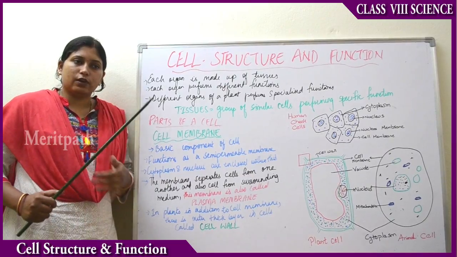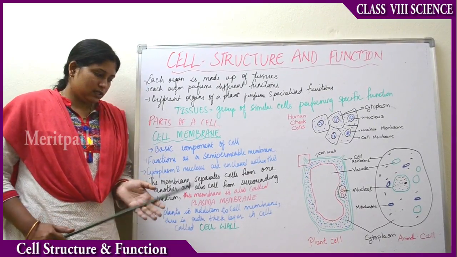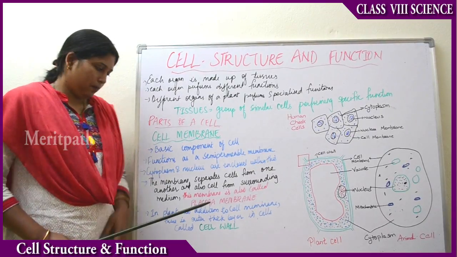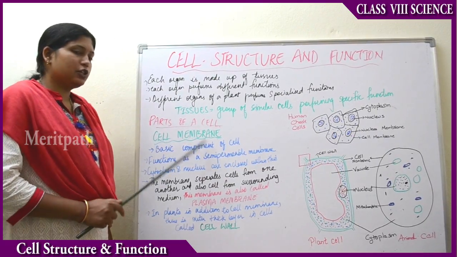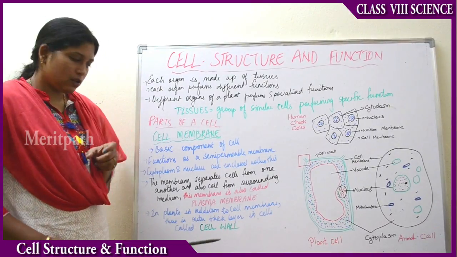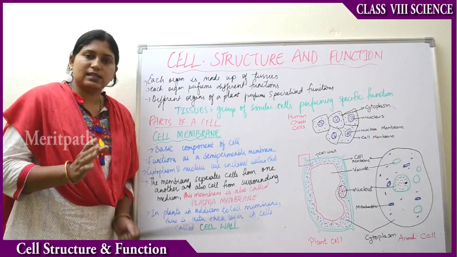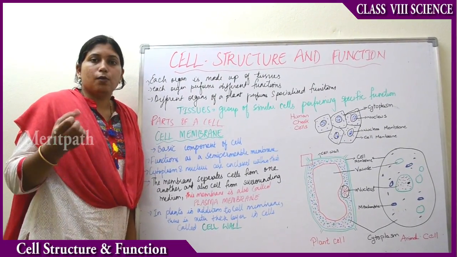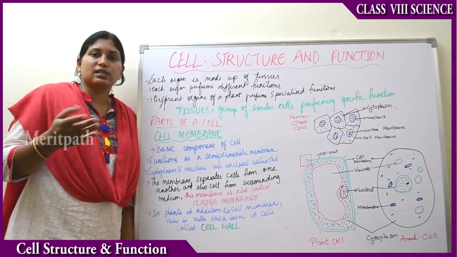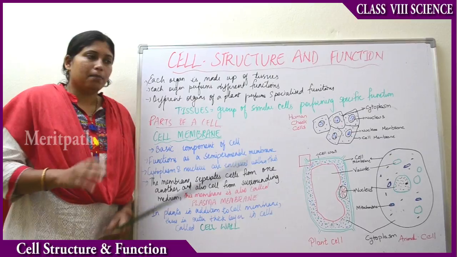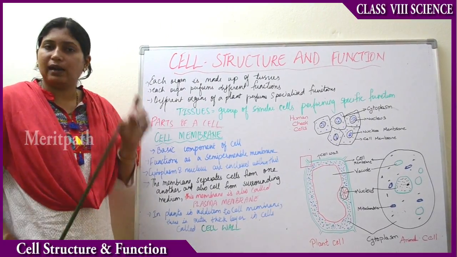So what is the function of this cell wall? This cell wall helps the plant in protection. In addition to the cell membrane, there is an outer thick layer called the cell wall. Protection against what? Protection against high temperatures, high winds, changes in moisture content, because plants are stable at one place.